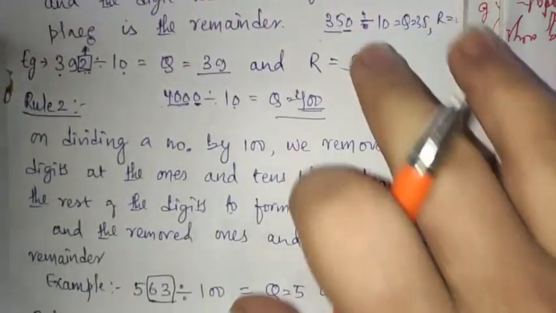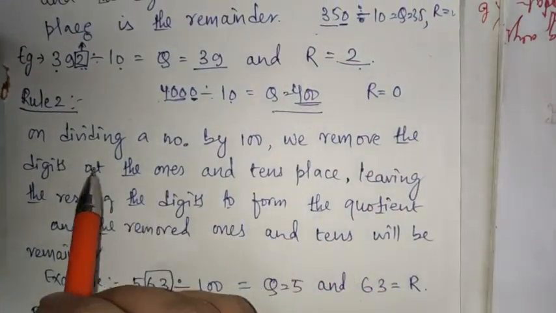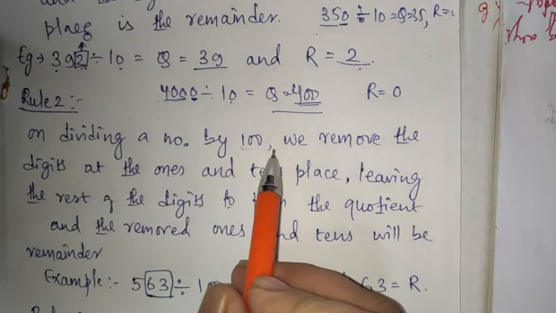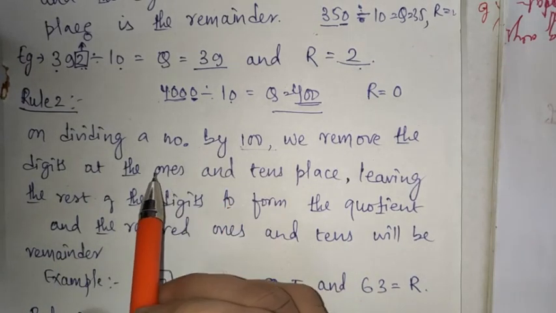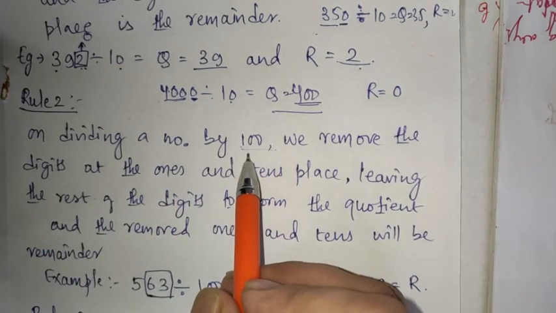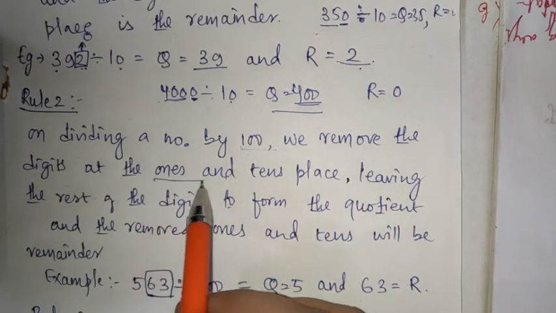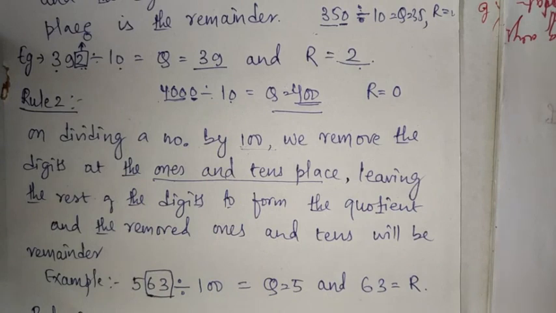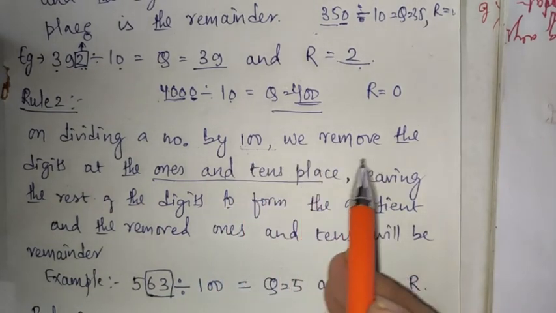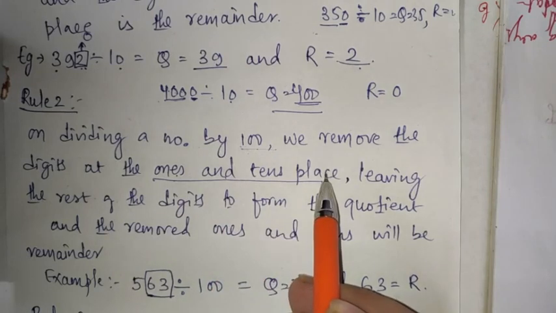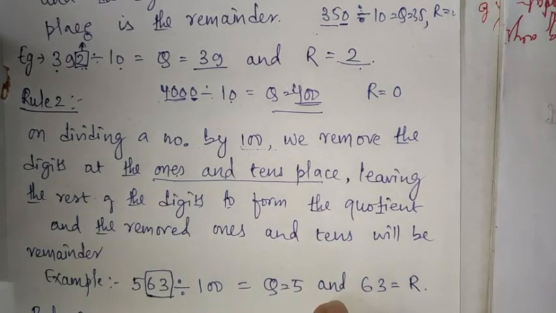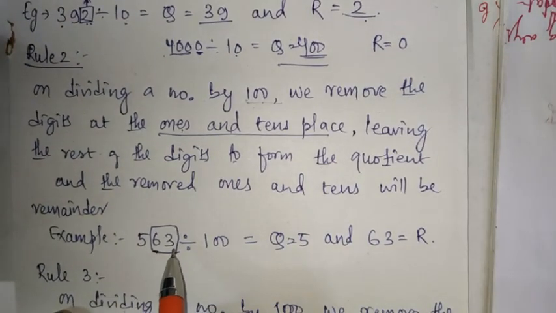Rule number 2 is dividing by 100. On dividing a number by 100, we remove the digits at the ones place and the tens place. So whenever you divide any number by 100, the ones and tens places will be removed, and that will become your remainder. Just see the example 563.